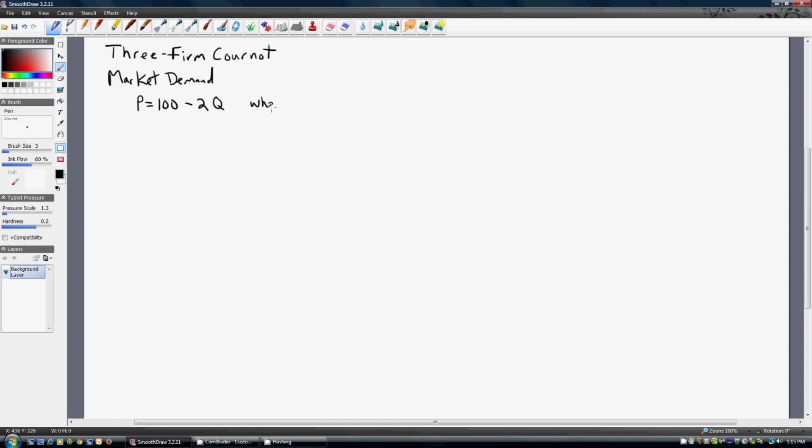where the output in the market can come from firm 1, firm 2, and firm 3. So this is, once again, a three-firm Cournot problem. We've got three firms, and they're going to be engaged in Cournot competition.